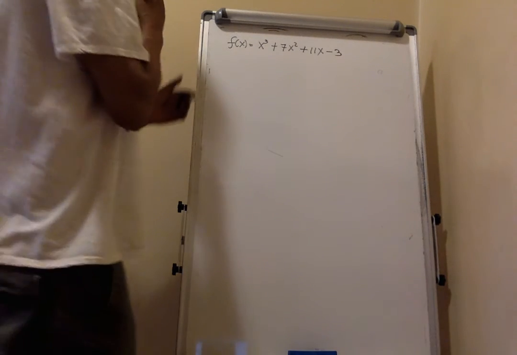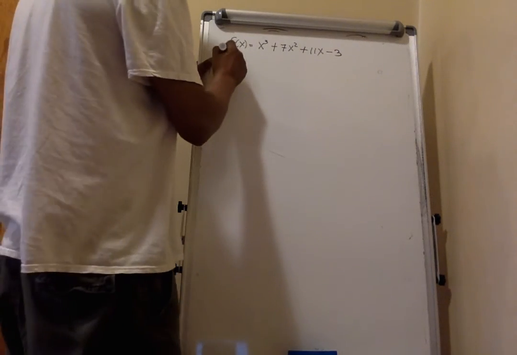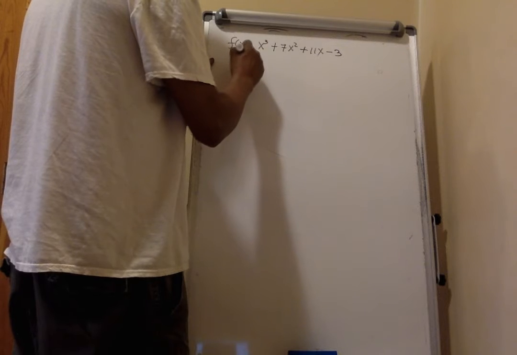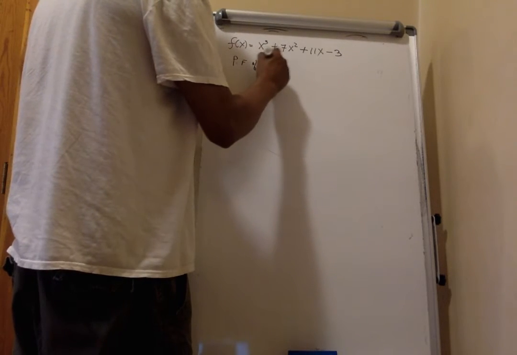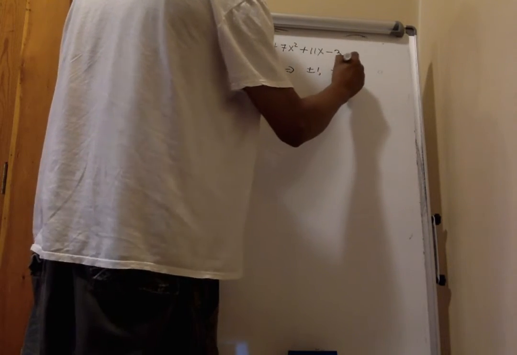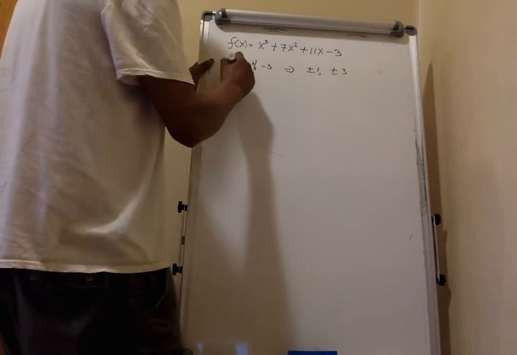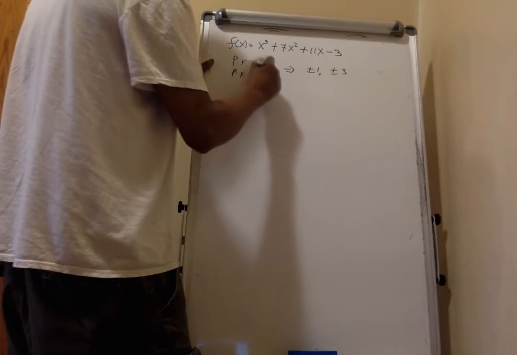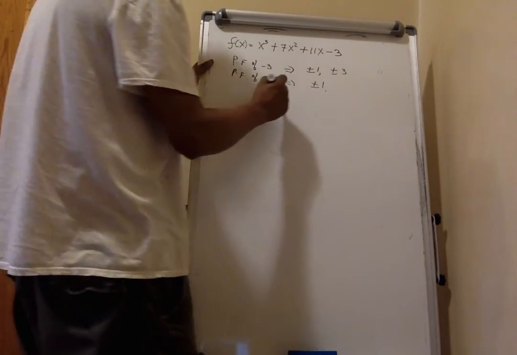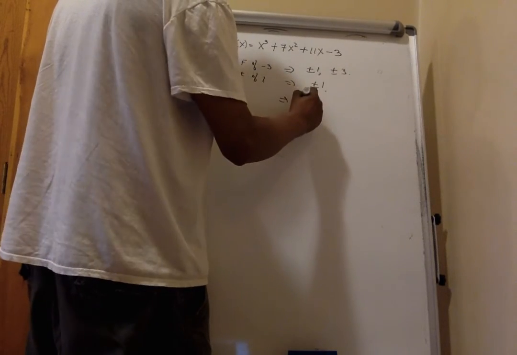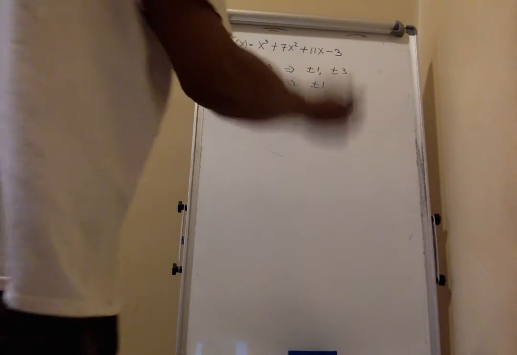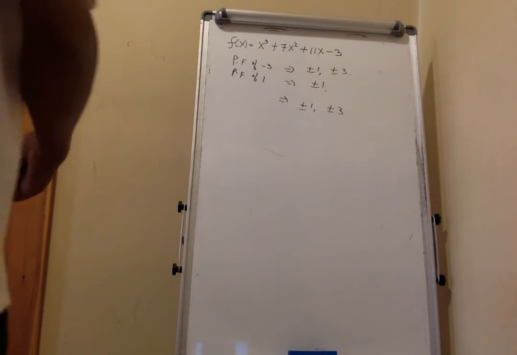Okay. So possible factors. For A0, possible factors of -3 would be plus or minus 1 and plus or minus 3. And possible factors of 1 would be plus or minus 1. So the ratio would be plus or minus 1 and plus or minus 3. I'm not going to do all 4 of them.